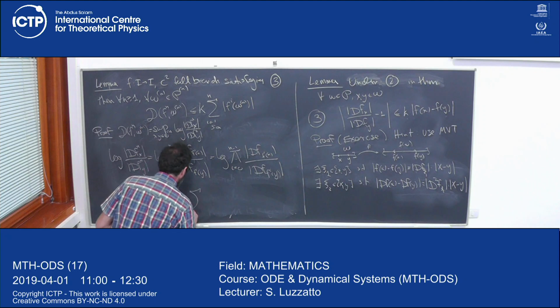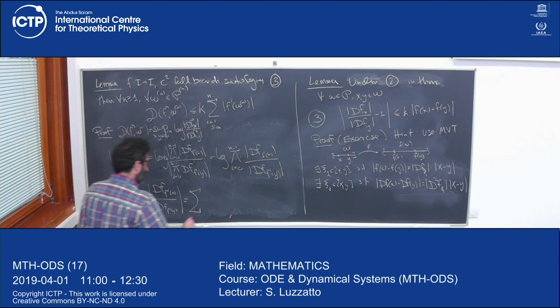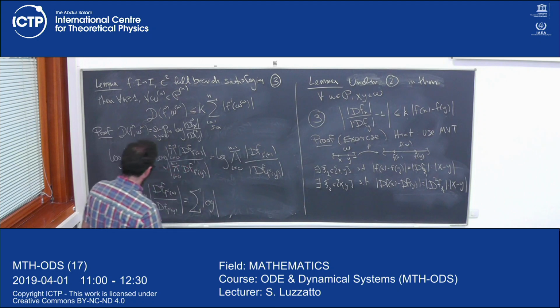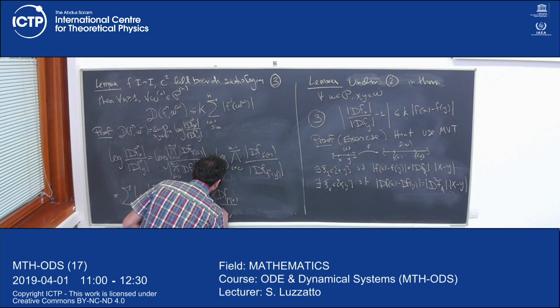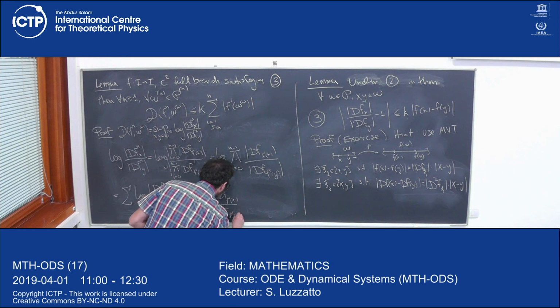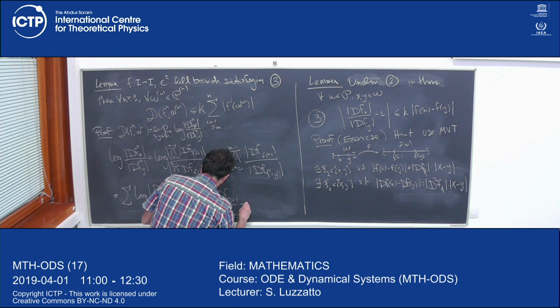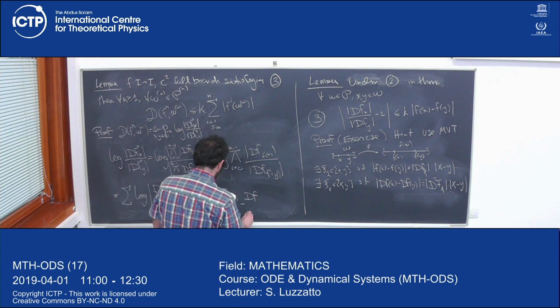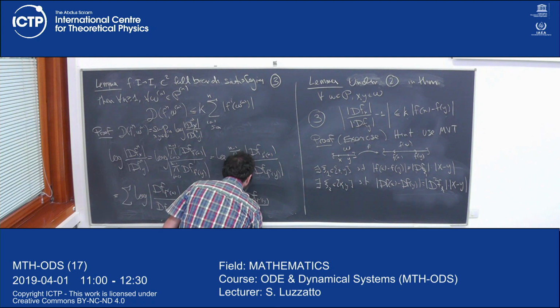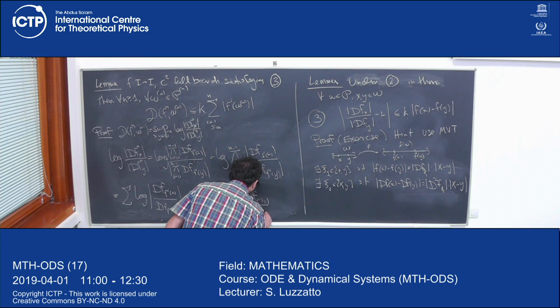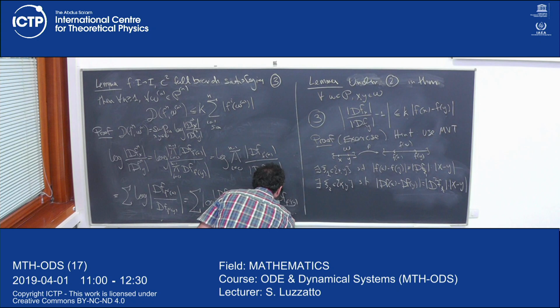This is equal to the sum of the log of df(f^i(x)) over df(f^i(y)) minus df(f^i(y)) over df(f^i(y)) plus df(f^i(y)) over df(f^i(y)).